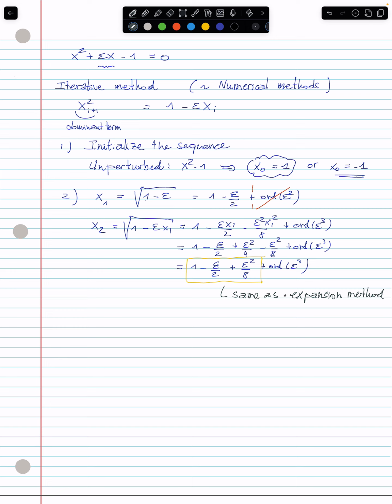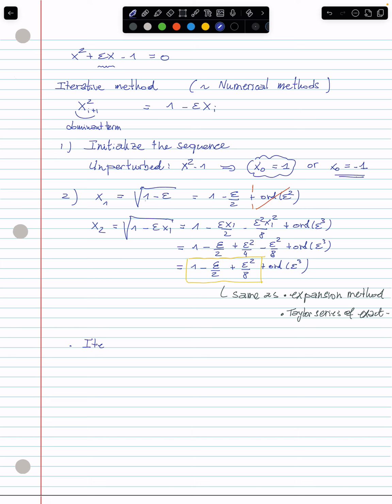And this is also the same as the Taylor series of the exact solution. All right. So the iterative method is also something that is quite straightforward. Let me just wrap up here.